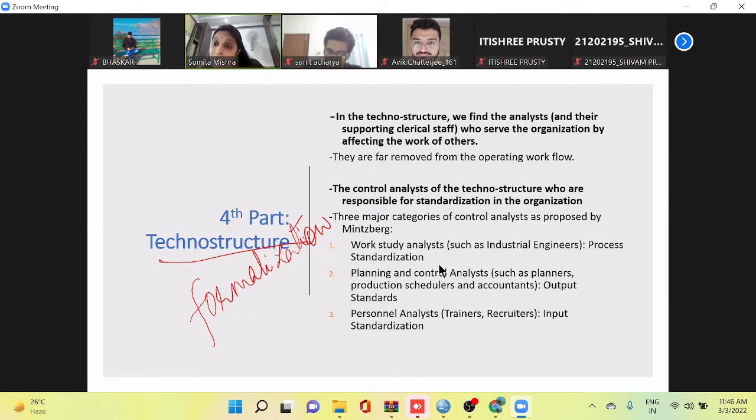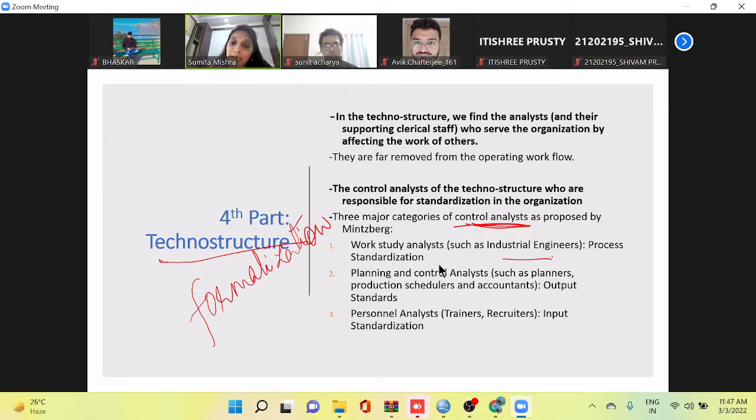Now, typically, in Mintzberg's words, Henry Mintzberg, who is the founding father of organization design, he calls these members of the technostructure control analysts. So, what do we have here? We have work study analysts, and he has given examples of who they can be. Work study analysts like industrial engineers who are responsible for process standardization.